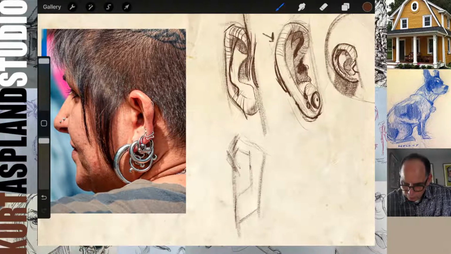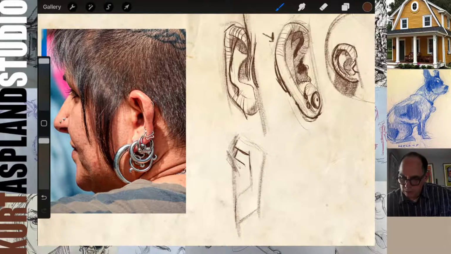Okay, it overlaps right there, and then we're going to overlap right there. And then we're going to overlap right down here, I think, as well.